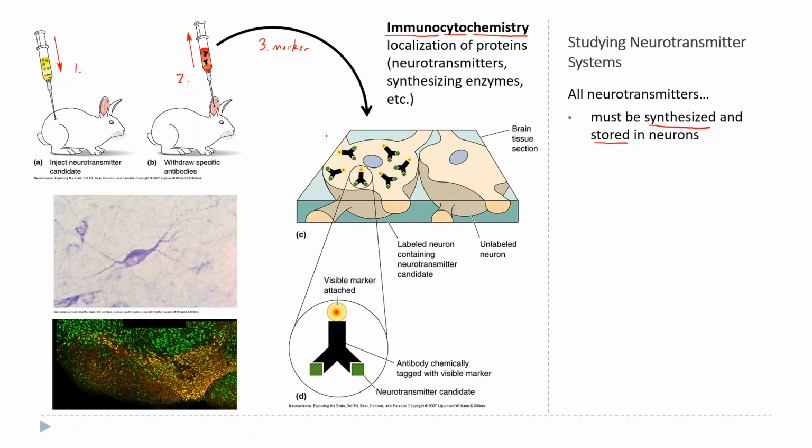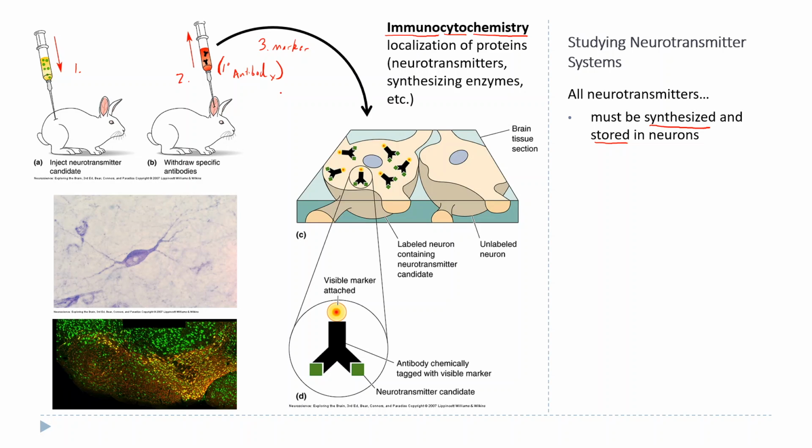Now, what often happens in immunohistochemistry or cytochemistry is you don't actually tag the antibody against your target molecule. This antibody that comes out of the host, we call the primary antibody, meaning that it is directly specific for the protein you're after.